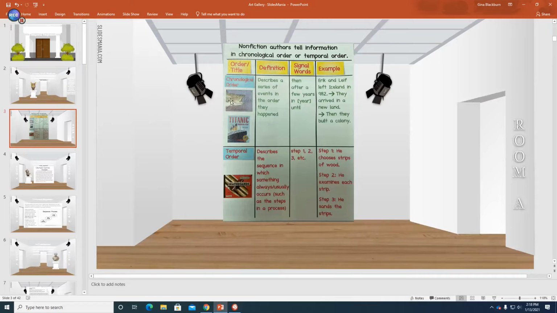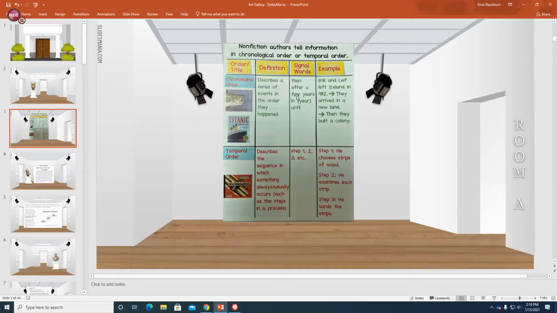So with chronological order, if we look at the book Cod and Titanic, the definition would be that it describes a series of events in the order that they happened. And this is probably the easiest for students to understand because they use signal words like then, after a few years, in 1995, until.